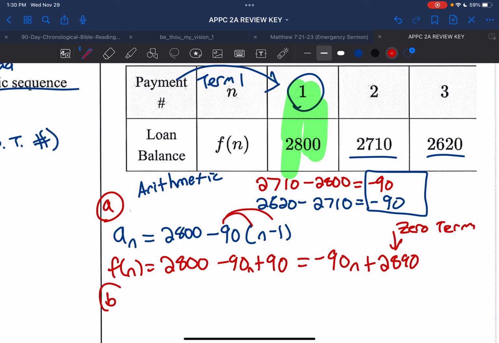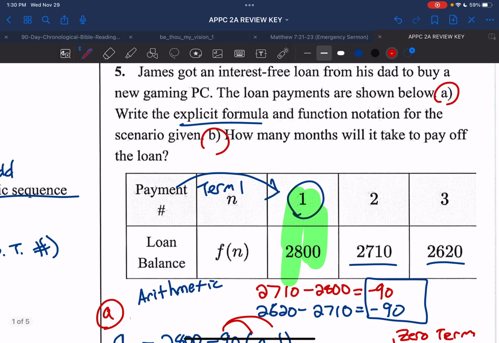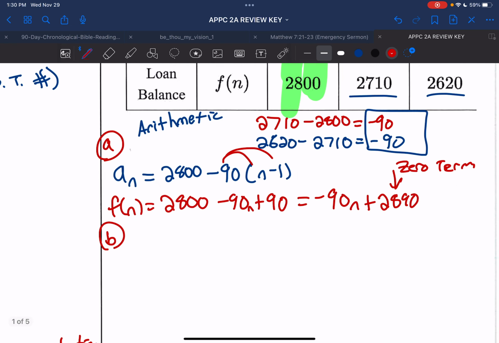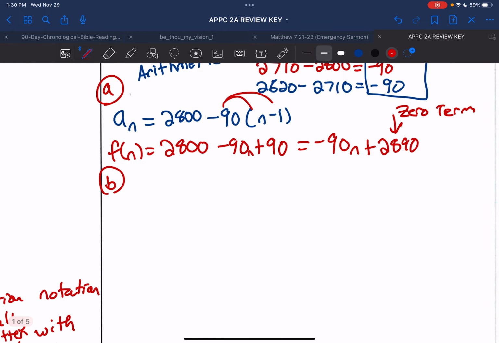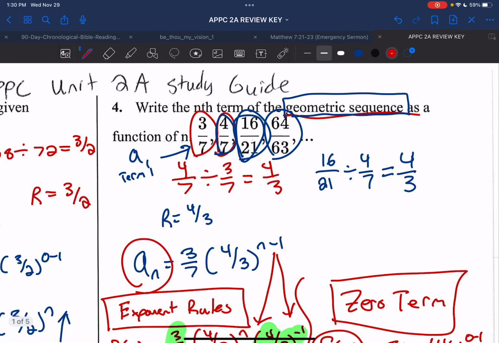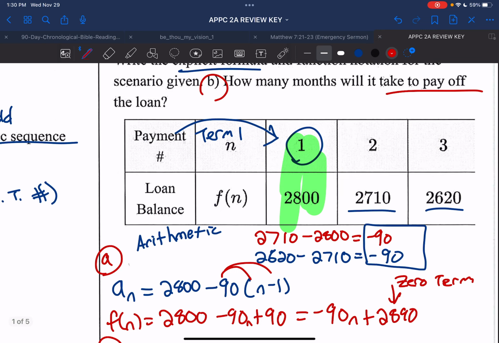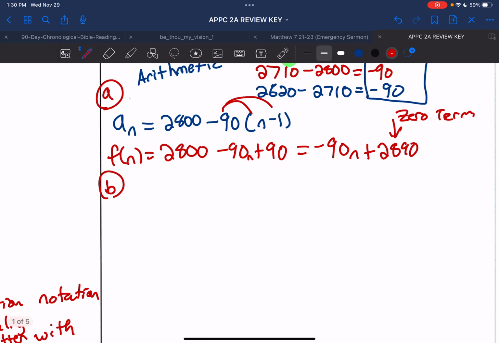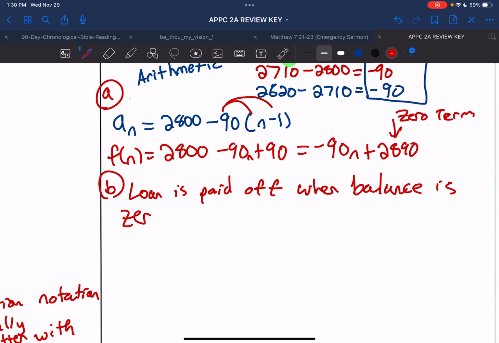And then part B wants to know, when is the loan going to be paid off? So, as far as the loan being paid off, it's going to be when my balance is 0. So the loan is paid off when the balance is 0.